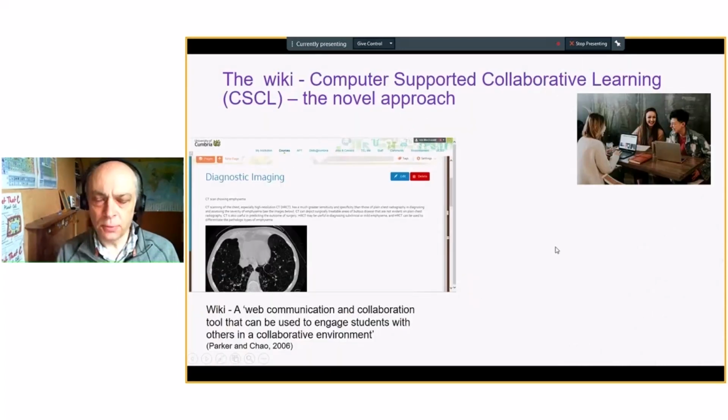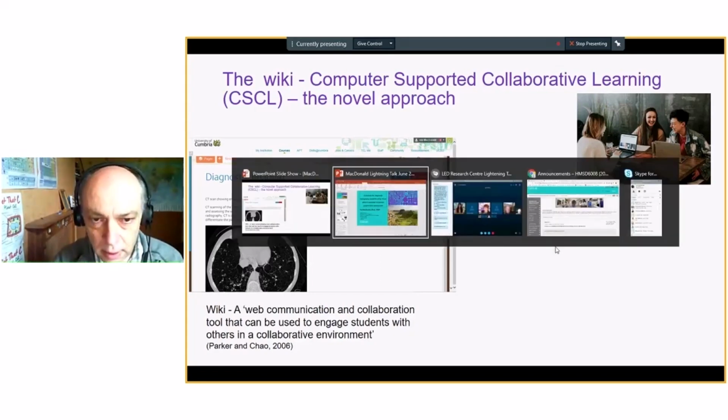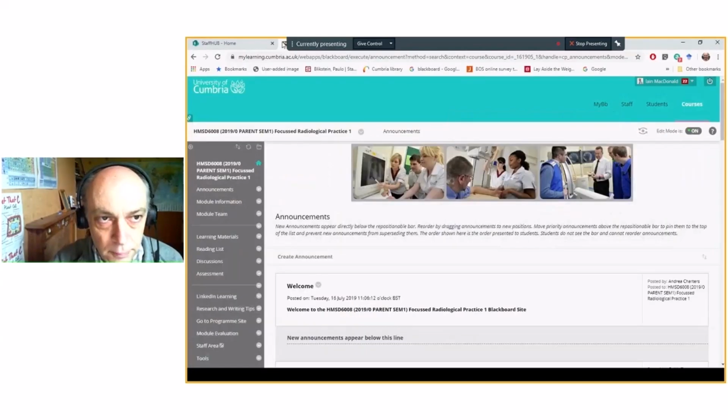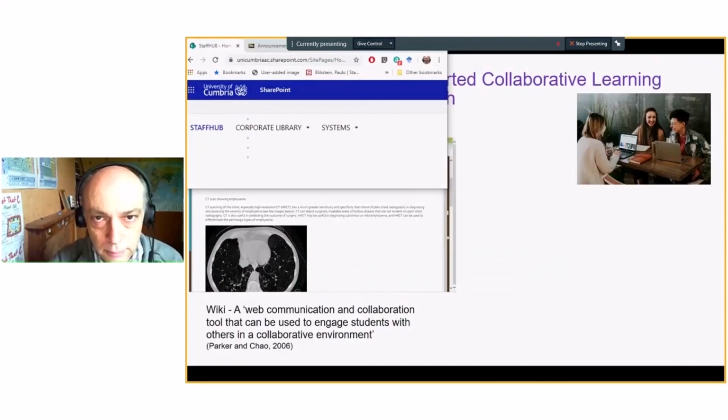Okay, so what I thought would be a good idea is to replace this with an online learning package, this wiki. The wiki is familiar to us all. Hopefully I've got a wiki here that I can show you. If I go to here, Staff Hub, it's a bit smaller.